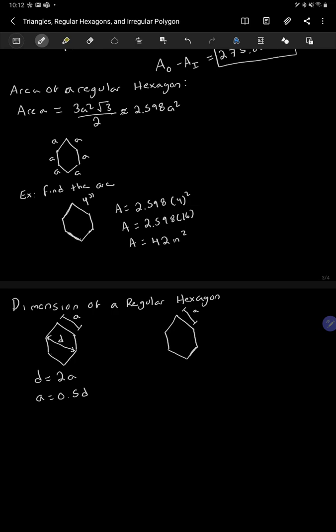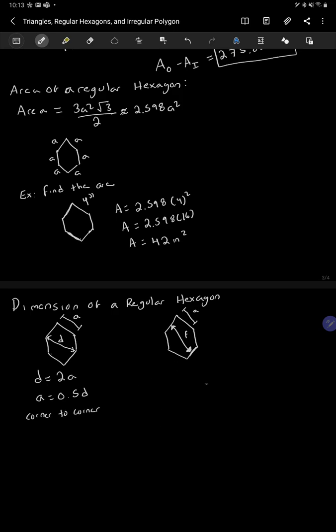Besides finding the diagonal, we can also find the distance between each of the sides. Instead of going from corner to corner, we can go side to side. And we call this F because those are called flats. So this is from corner to corner.